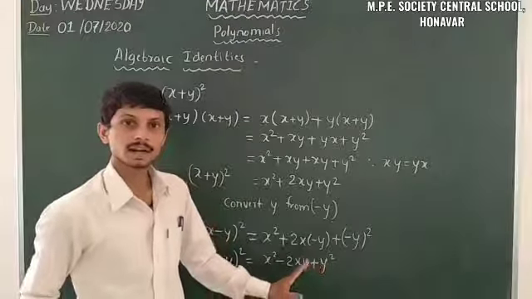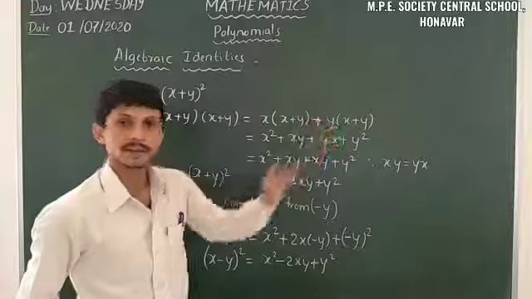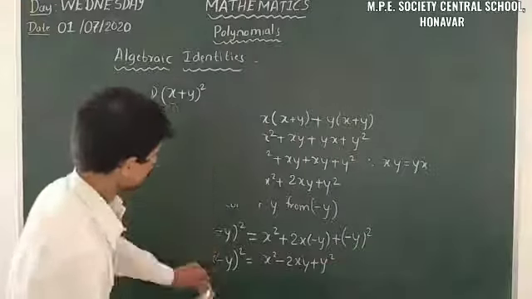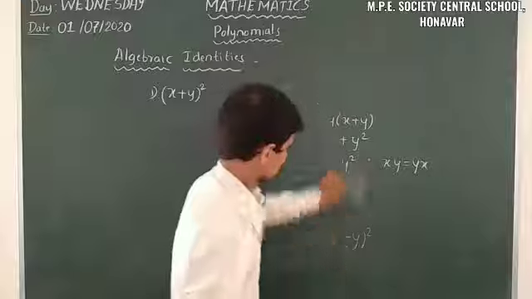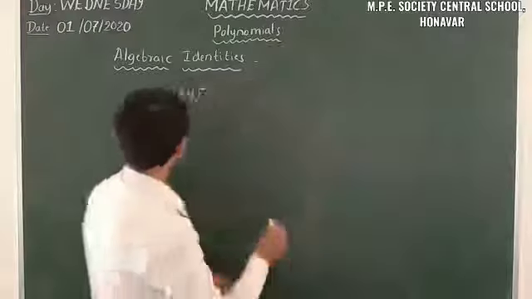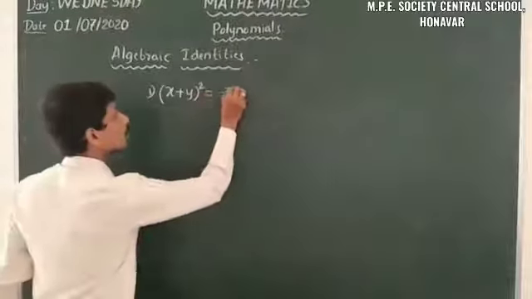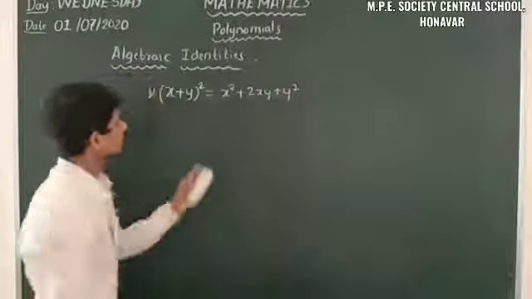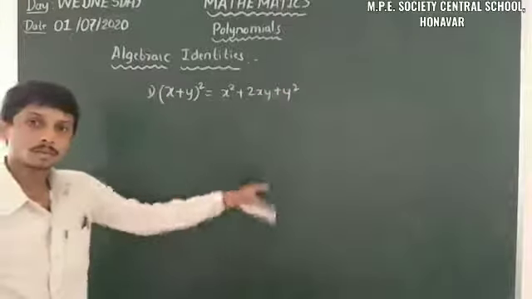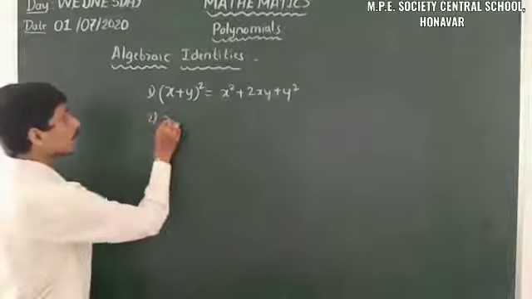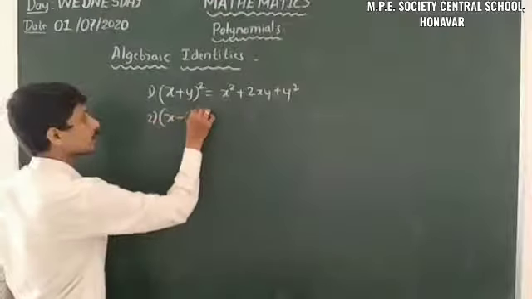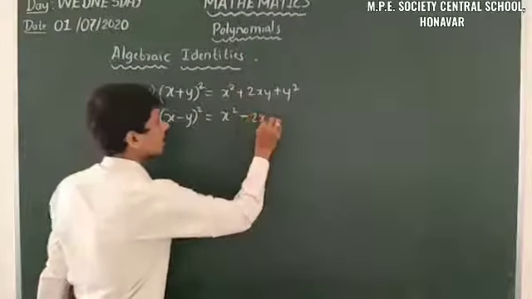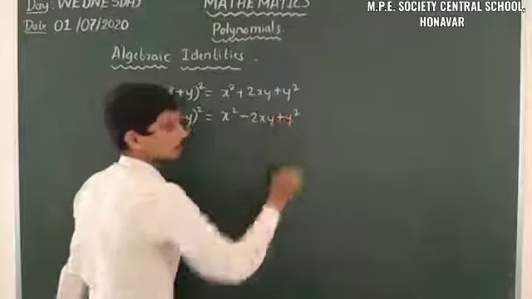I will write it in identity form: x plus y whole square is equal to x square plus 2xy plus y square. When we change y to minus y, what we get is the second identity, that is x minus y whole square is equal to x square minus 2xy plus y square.